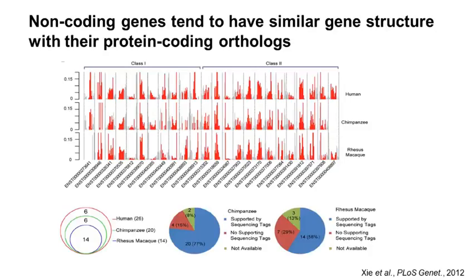To distinguish between these 2 possibilities, we first looked at the RNA-Seq data in human, chimpanzee, and rhesus monkeys carefully to infer the gene structures. We found that the non-coding genes tend to have similar gene structure to their protein coding orthologs, including similar exon-intron structures and similar splicing junctions.